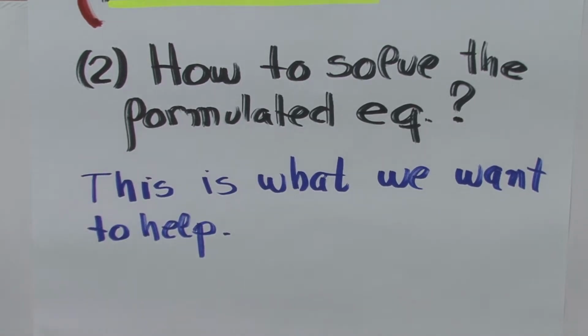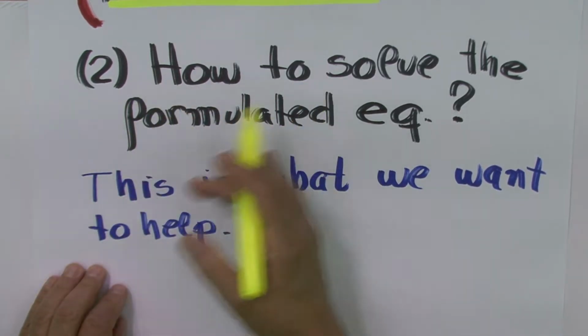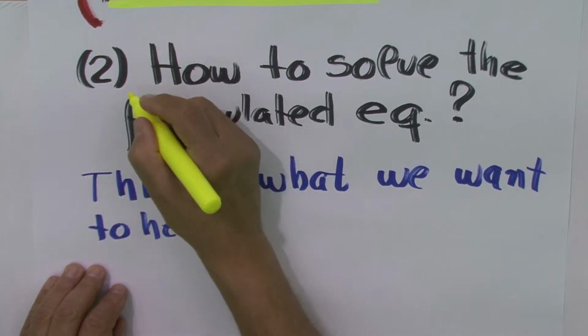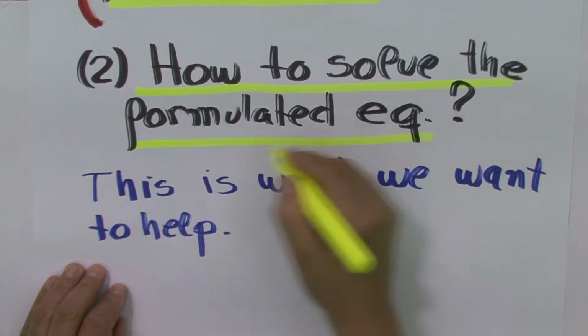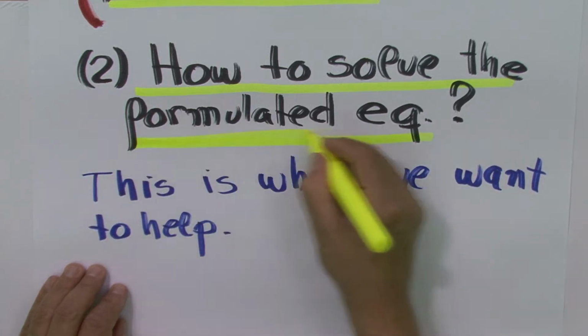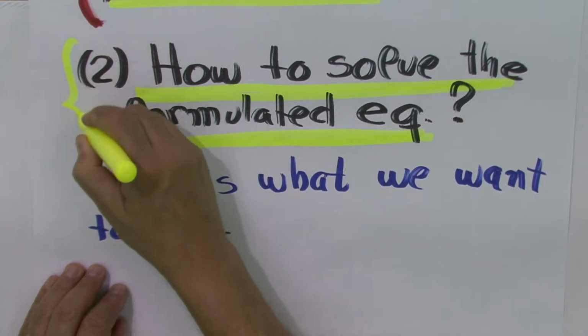A second thing is how to solve the formulated equation. Of course, once you construct the equation, you cannot stop there, right? Sometimes we do simplifications of the equations we construct. But the second point, which normally is the most important part of differential equations courses, is how to solve.